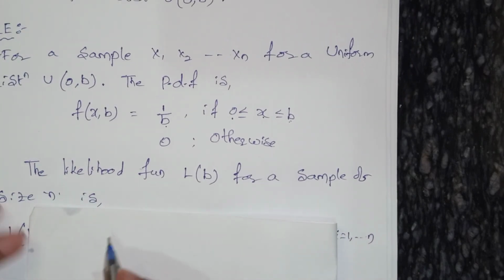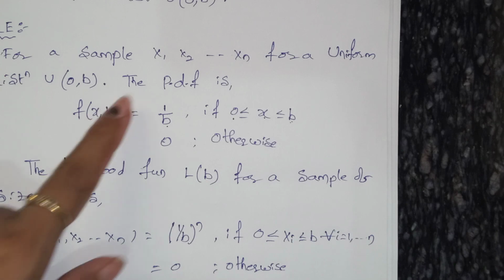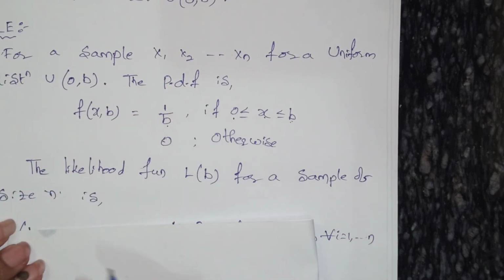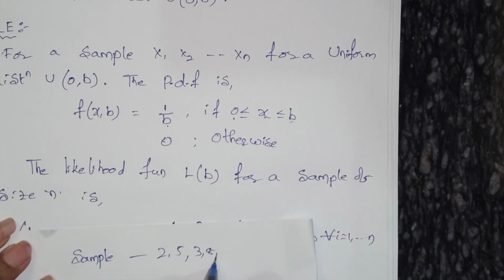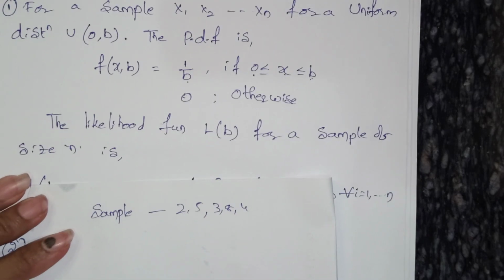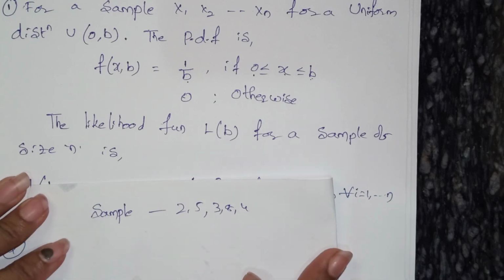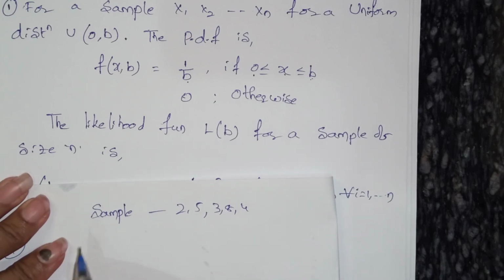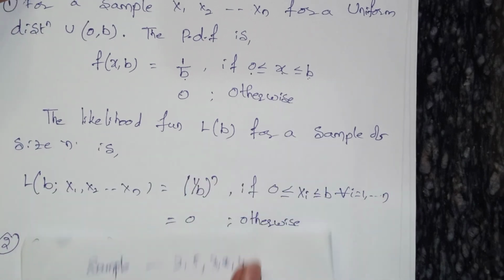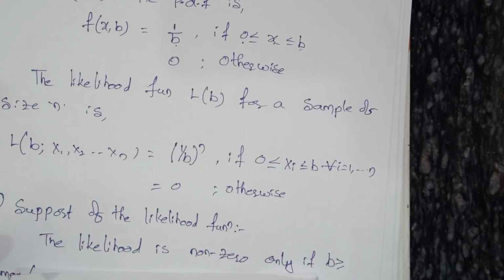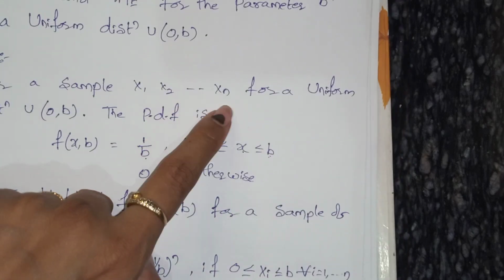Here we first take sample values, maybe 2, 5, 3, 8, 4, 6, like that. Any number of samples you can take, but it should be a finite sample. Now here we took sample values.